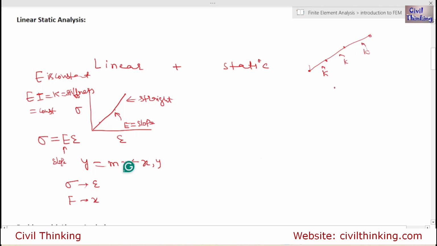This is the reason we don't talk about a single K in the finite element method. Rather, we talk about a series of K's, a series of stiffnesses. If they are constant, that is another thing, but the thing is that we have different stiffnesses of different elements, and we put them in a matrix. This is the reason we talk about the stiffness matrix.